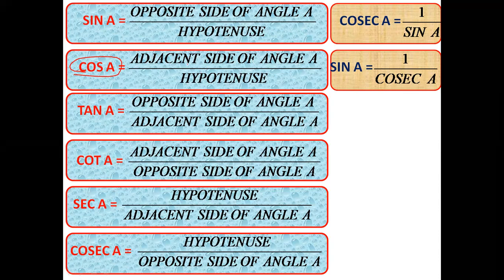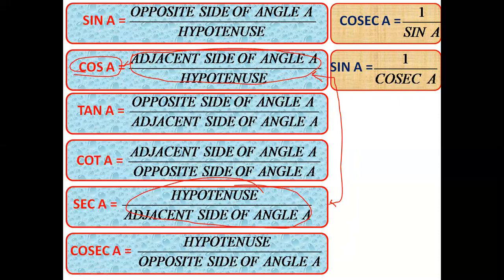Hypotenuse by adjacent side, which is sec A. So we can make a link between cos and secant.